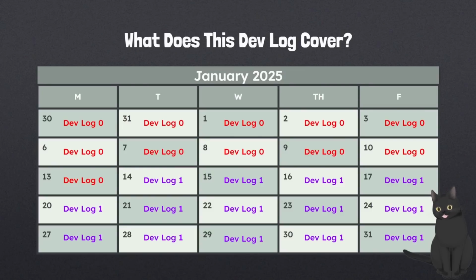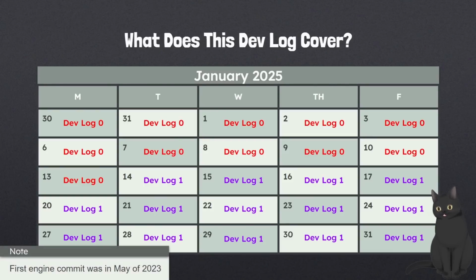So what does this devlog cover? Basically, I'm covering from the beginning of the development up until the 13th of January, and after that point will be devlog 1. The first engine commit was in May of 2023, which makes the development time of the engine so far about 2 years or so, and I was working on the engine prior to the first commit.